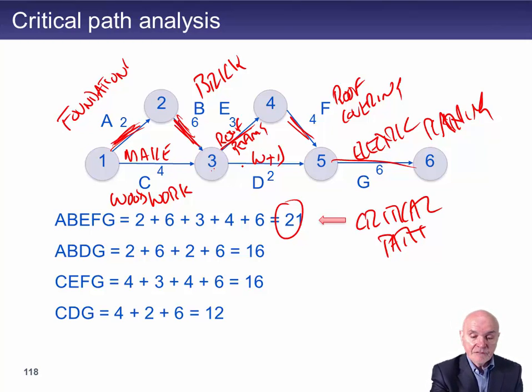Similarly, in here we have some what's called slack really. This is taking 3 days, this is taking 4 days. So putting on the roof covering takes 7 days. Sticking in the windows and doors only takes 2. We're not ready for the electrics and so on until we've done the 7 days worth of work on the roof beams.